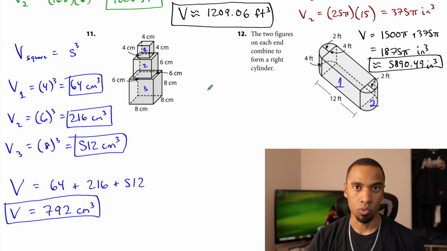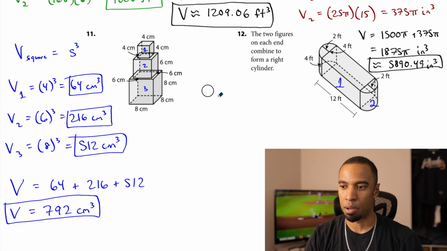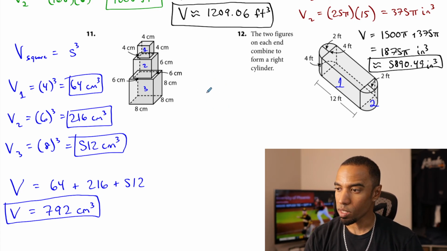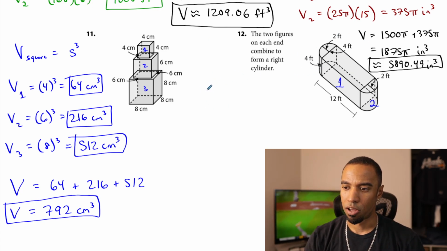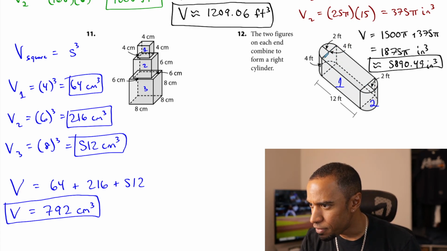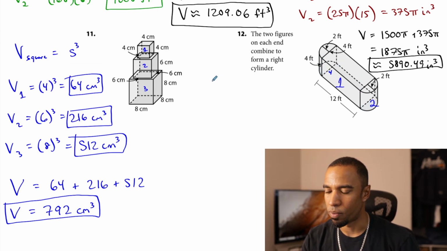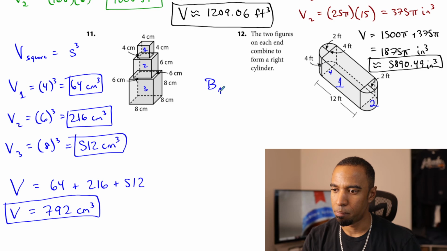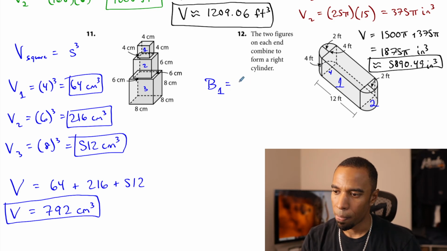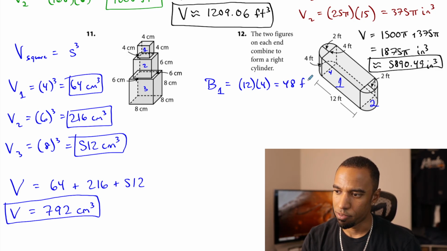You know what I sometimes do as well, guys? It's like volume of sill, things like that, but I'm giving them numbers because I have the drawing already made. So for the volume of the rectangular prism here, I have 4 feet going across right there. So the area of the base is going to be 12 times 4, which is 48 square feet.